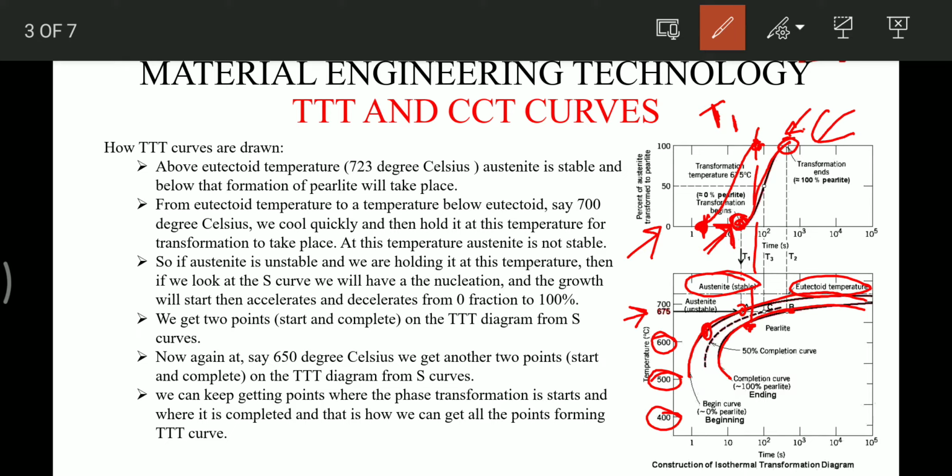So these S curves are drawn for a particular composition and for a particular temperature.